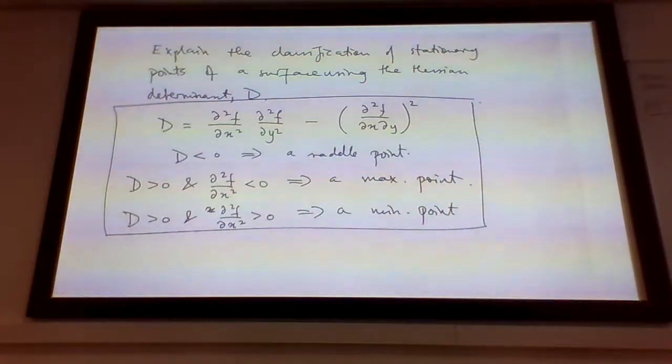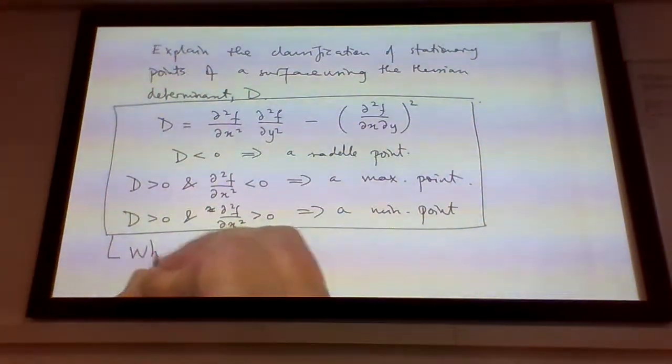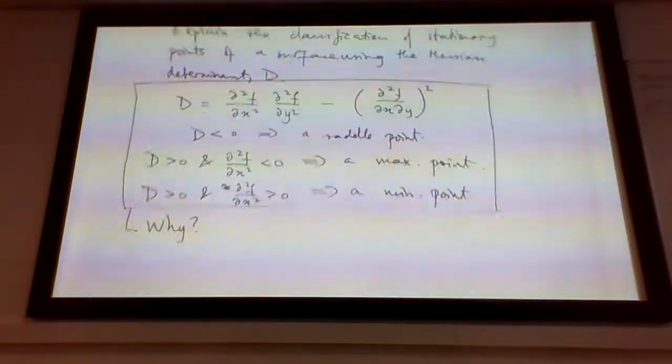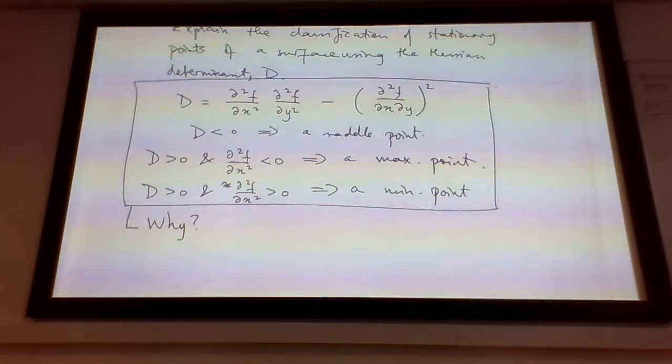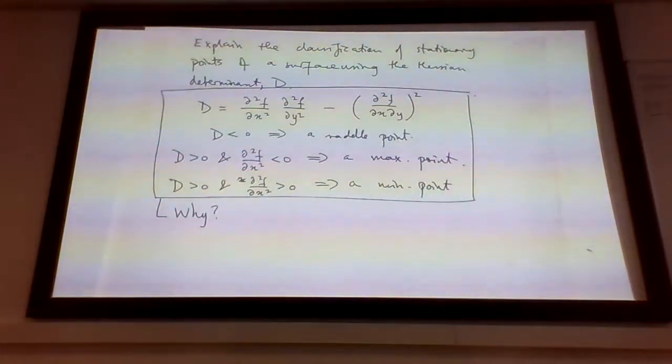You can see how that comes about. So basically, the question is why? Why is it that way? We need to explain this, but it also makes use of the idea of Taylor series.